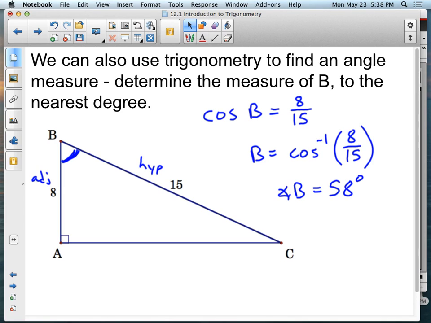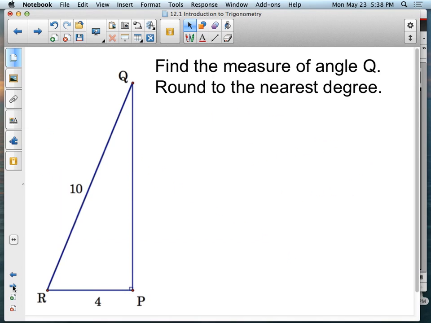So let's see now if you can find the measure of angle Q. So pause the video, work on Q, and then come on back. So let's see. If I'm looking at angle Q, this angle here, the 4 is the opposite side. The 10 is the hypotenuse.